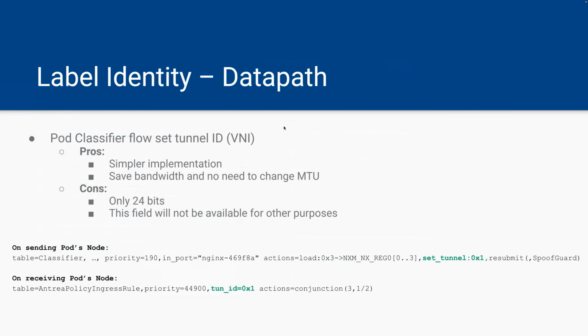Okay, sounds good. So, moving on to the data path side of the label identity. For the stretched network policy, we use the VNI bits in a pod classifier flow in OVS to implement it.